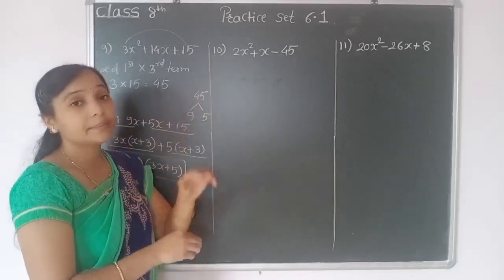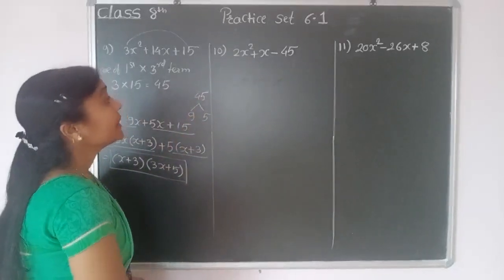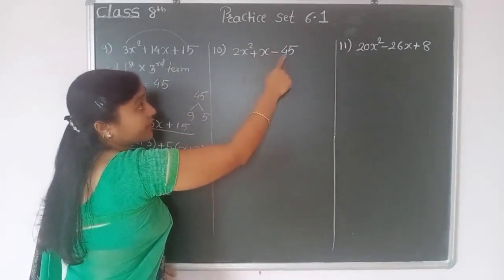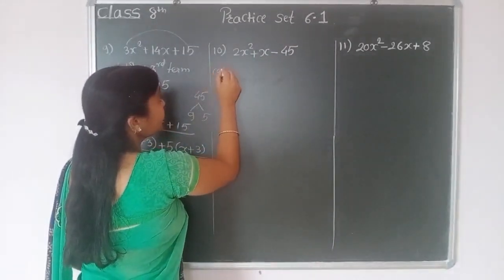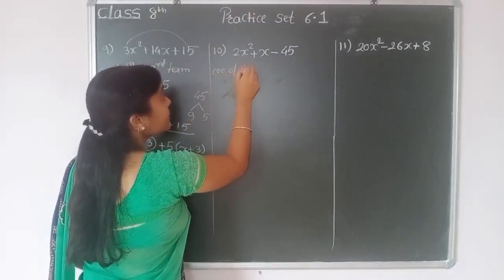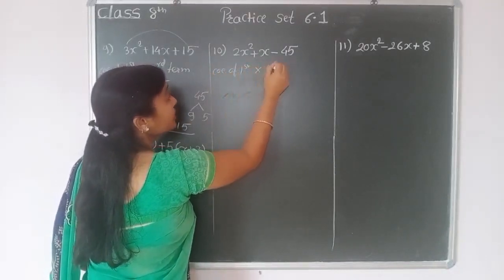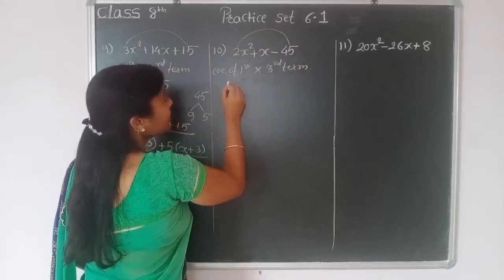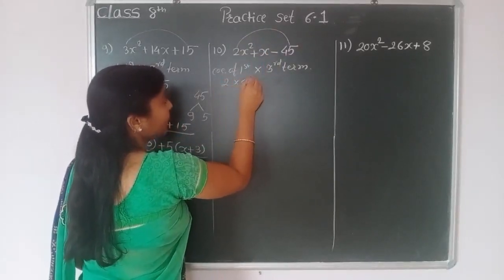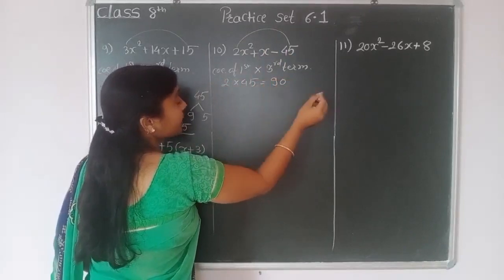Now we see the example number 10. 2x square plus x minus 45. Then again our first step is coefficient of first term into third term. First term into third term, 2 into 45 equal to 90.